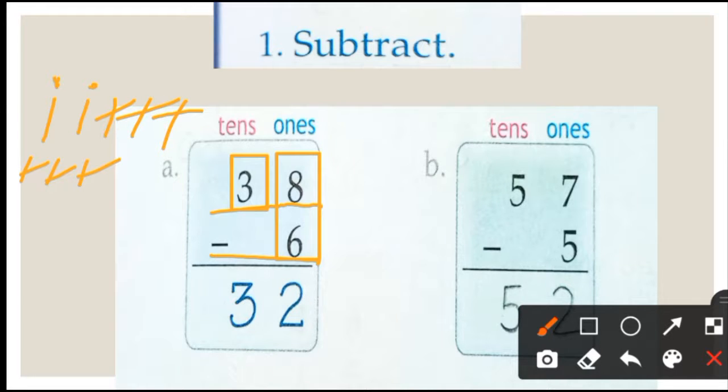Then we will write our answer in the ones part. Here I told you, in the tens part we have only a single digit, that is 3, so we will write 3 same to same in the tens part, because there is no number for subtraction. Now our answer is 38 minus 6 is equal to 32. Now we will move to question number 2.